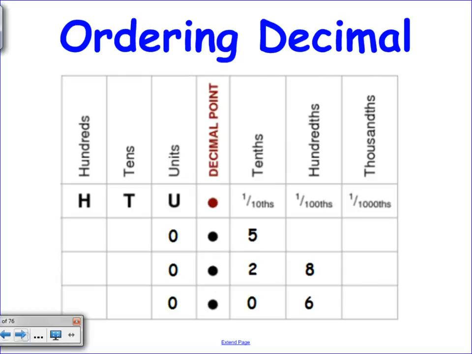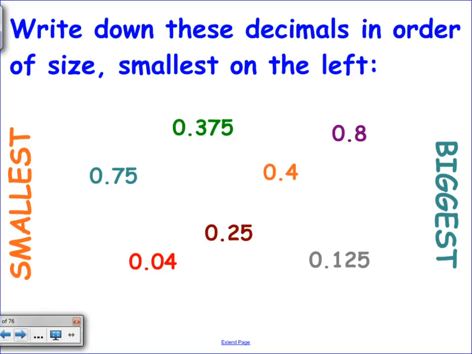Okay. So, a little sorting exercise on the I2. What is the smallest number there then? 0.375. 0.125. 0.04 at the back. Can everyone see that?